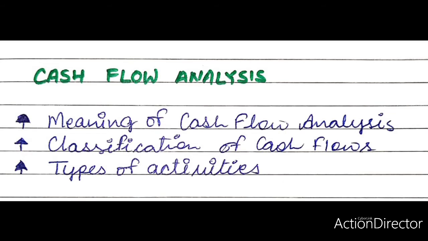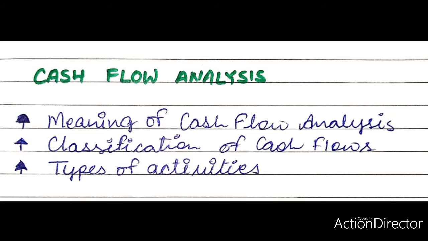According to AS3, an enterprise should prepare a cash flow statement and should present it for each period for which financial statements are prepared. The cash equivalents and cash flows are used in this statement with the following meaning.